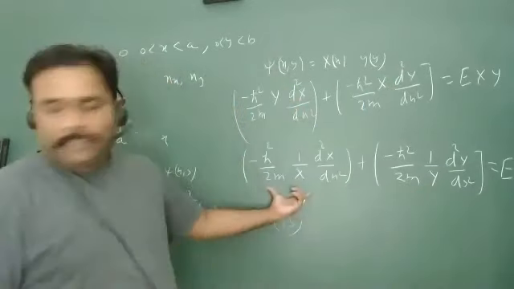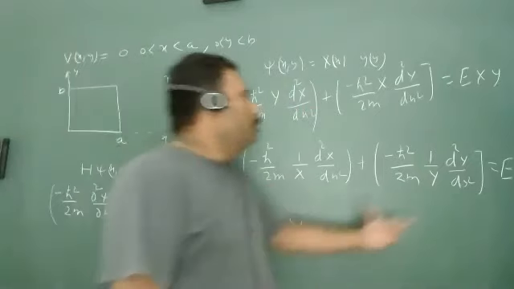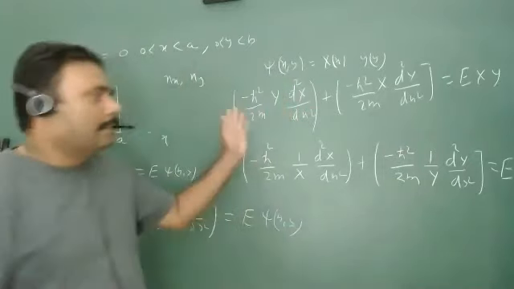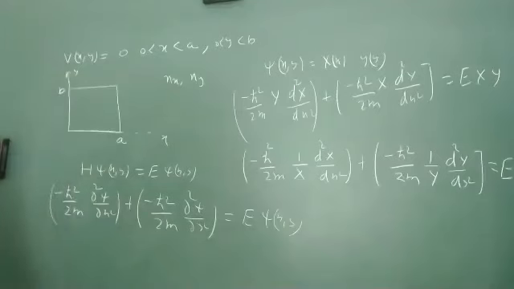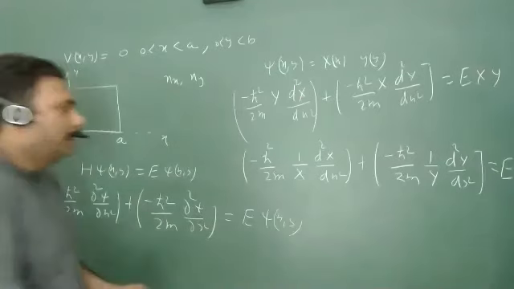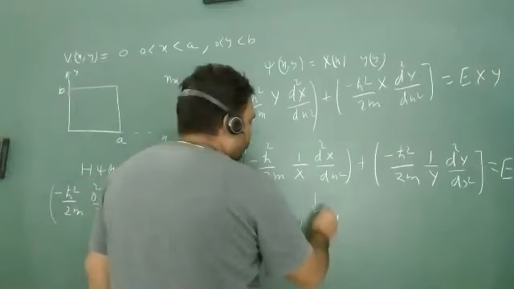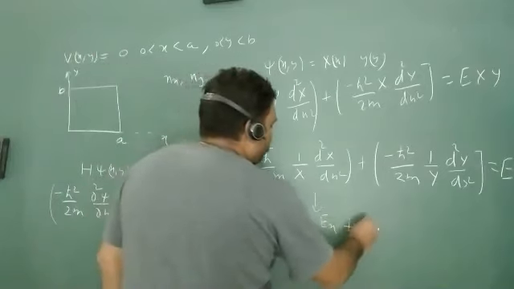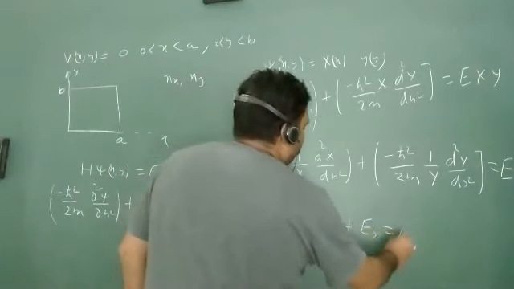We can solve this equation independently because x and y are independent variables. So I can write this whole thing as Ex plus Ey is equal to E.